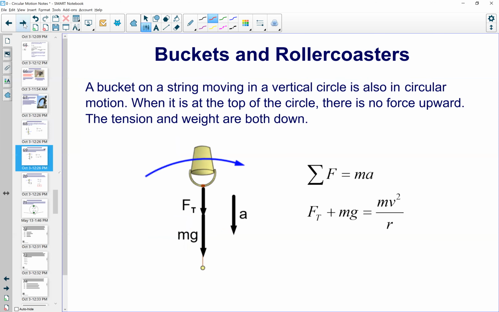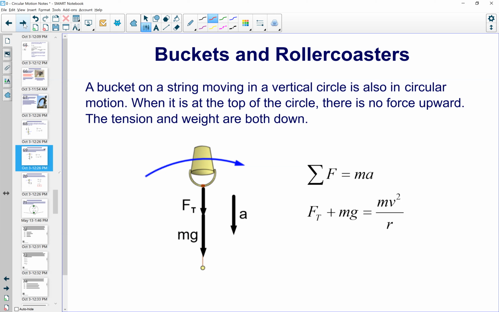Now at the top, the bucket's different. Like we said, at the top, it's going to feel lighter. The bucket on the string moving in a vertical circle is also in circular motion. When it's at the top, there's no upward force. The tension is downward and the weight is also downward, so the acceleration is downward. The net force would be the tension plus the weight, and since they're going in the same direction, we just add them.